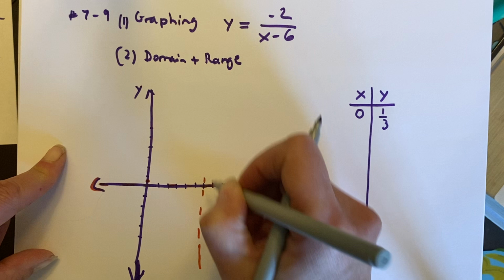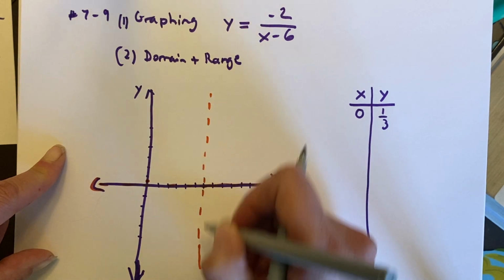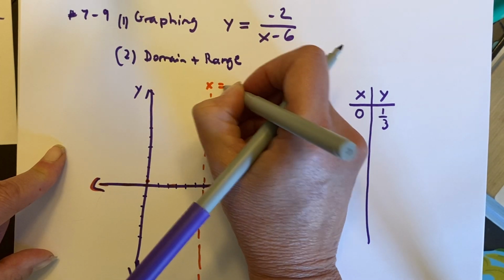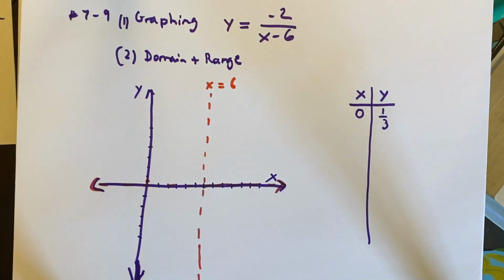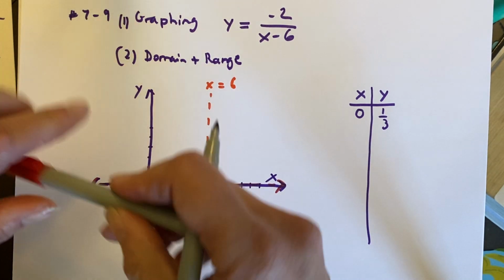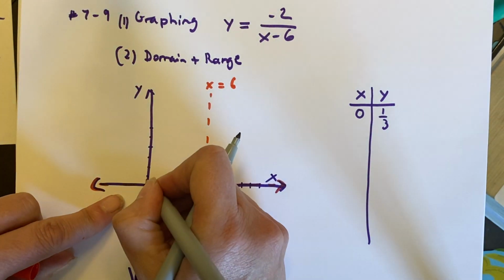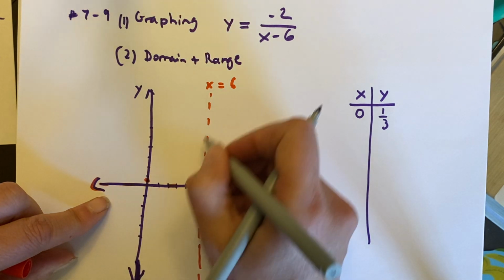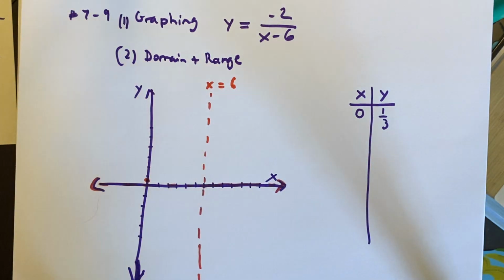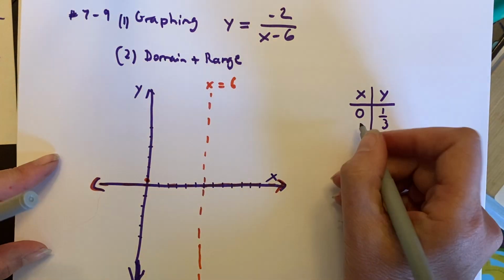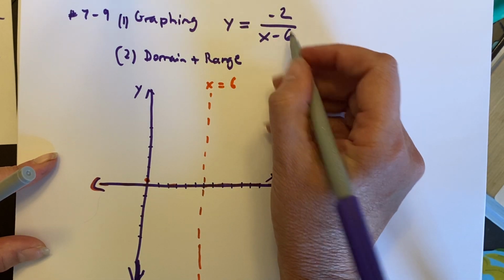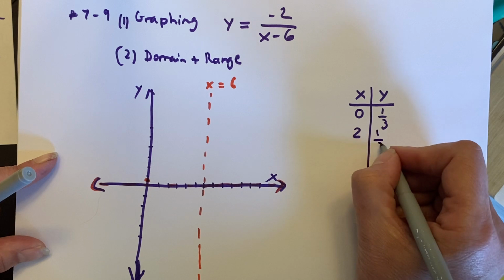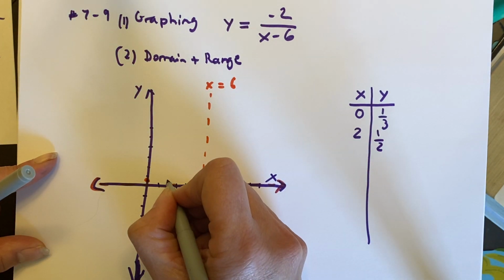It's moving my graph sideways. So I know that my graph is going to be here and here, sorry, here and here because it's a reflection. So that is why when I put 0, 1/3, that makes sense. It's going to be through here. All right, so I'm going to put in, let's see, we'll try a 2. 2 minus 6 is -4. -2 over -4 is 1/2. So 2, 1/2.